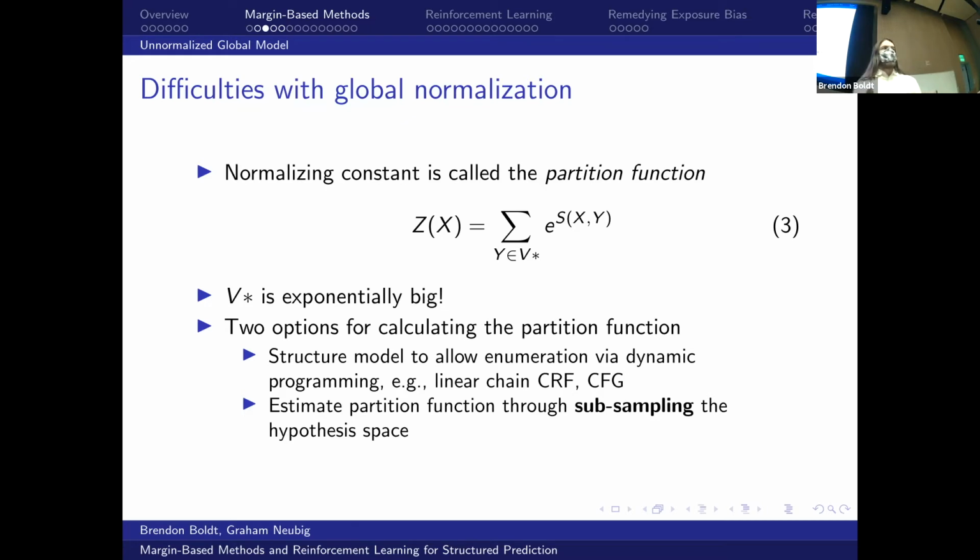But chances are you're not using conditional random fields as much. You probably want to be using neural networks. I hear that's what people like these days. And that means that you can't use these clever mathematical tricks in dynamic programming, or at least not in most cases. So you're going to have to fall back to this second option, and that's subsampling.